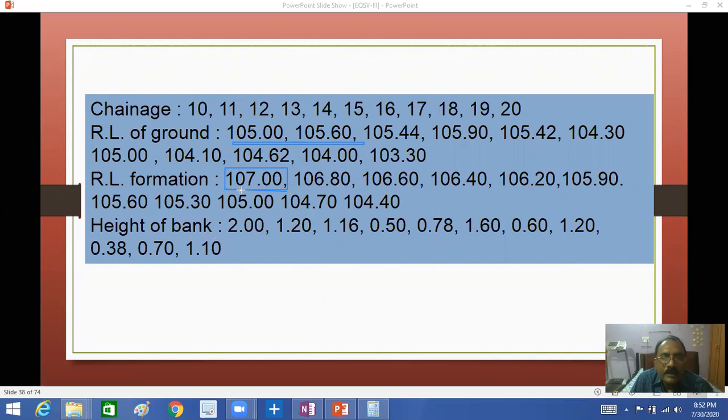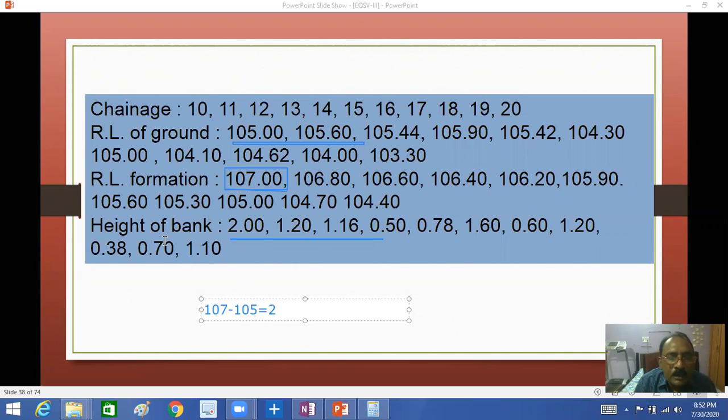If you take the difference of these two, you will get the heights D1, D2, D3. Here, 107 minus the first RL, 105, equals 2.